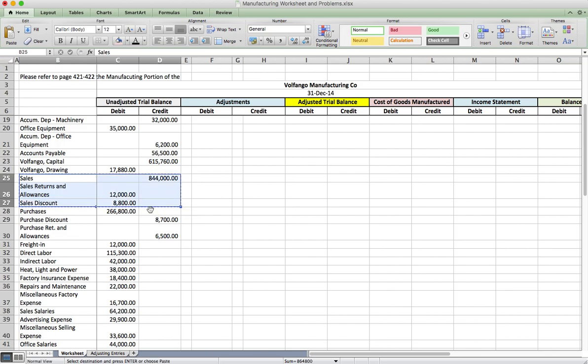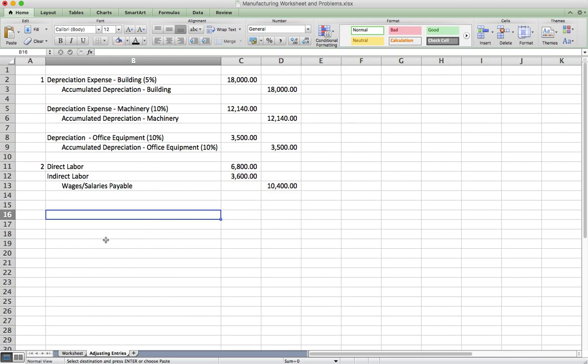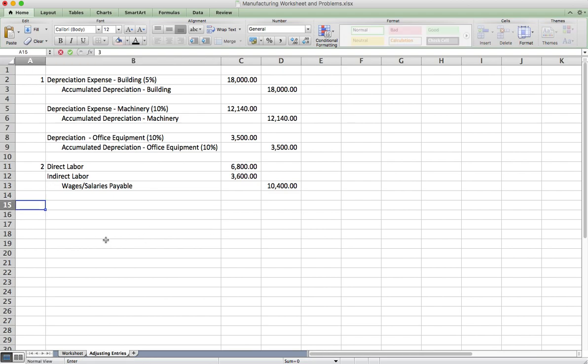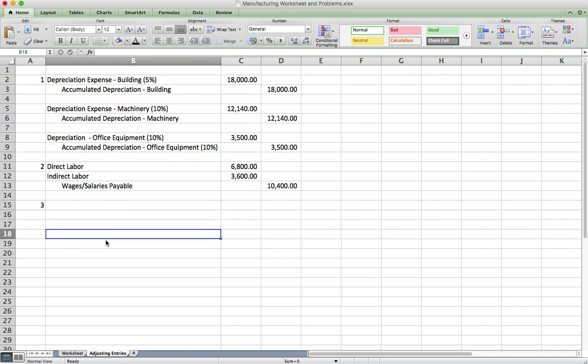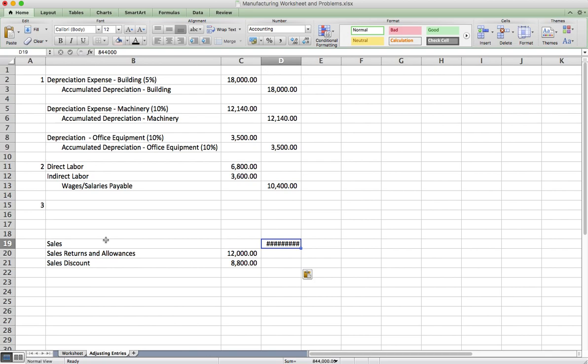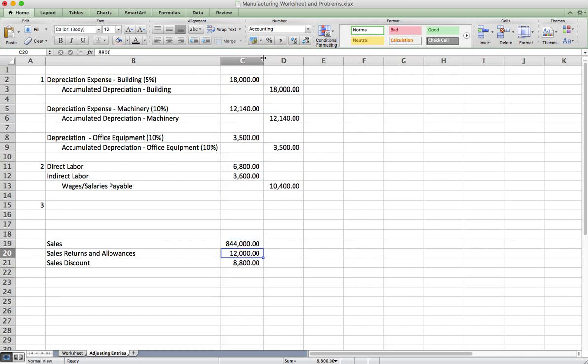Okay? Pakopyahin ko lang siya, dadalhin ko dito sa adjusting entries. Lalagyan ko muna ng number 3. Okay. So, this is our sales accounts.